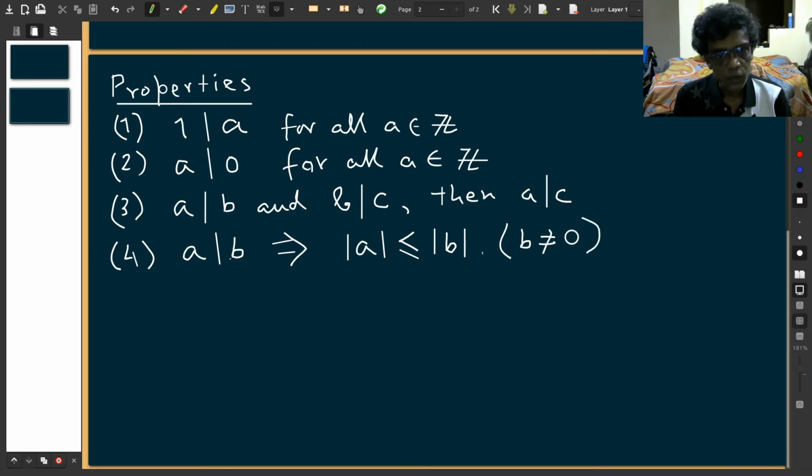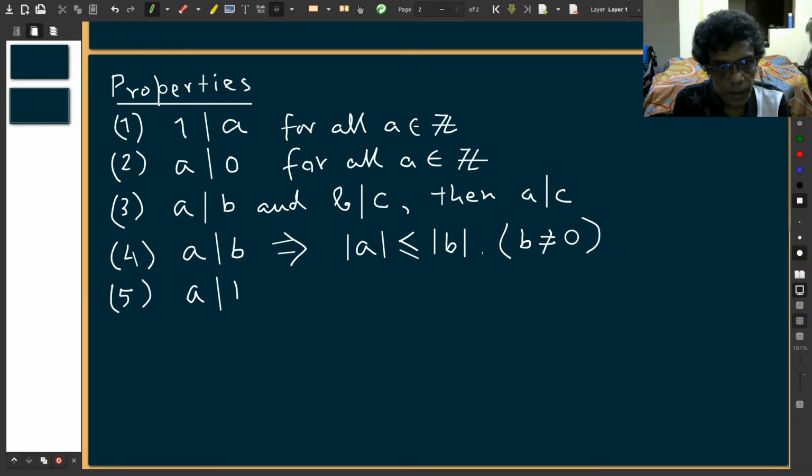So if a divides b and b is not equal to 0, then the absolute value of a is less than or equal to the absolute value of b. Fifth, a divides b and b divides a implies b is plus or minus a.